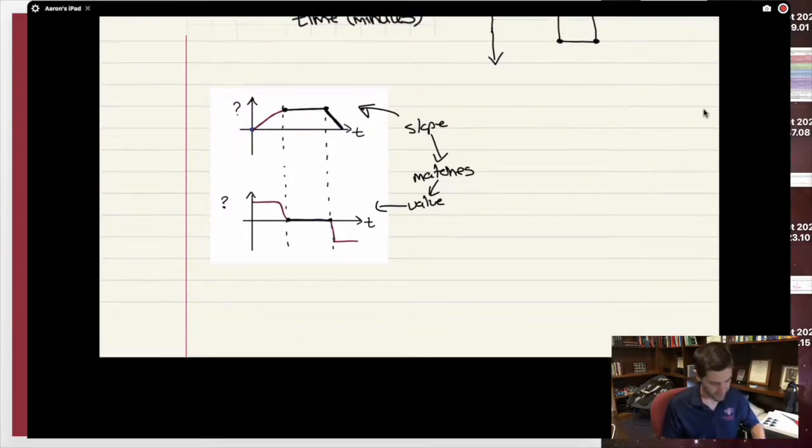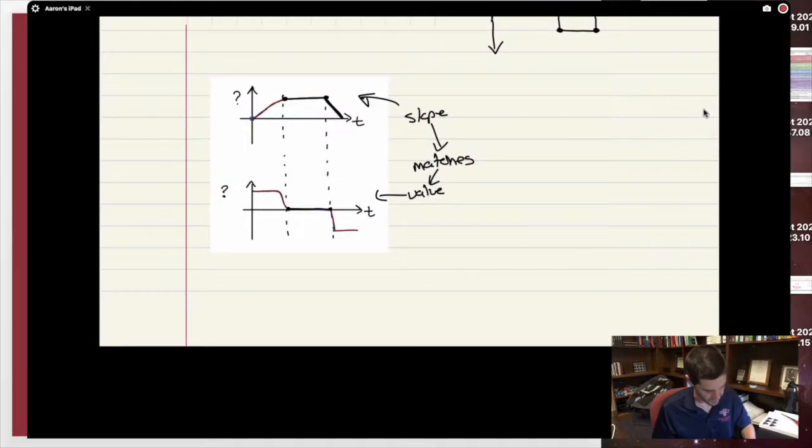And then if I look at the bottom curve, I notice that it has a value that is fairly constant. Its value on the y-axis is not considerably changing. So again, that jives with the idea that this is position and this is velocity. Maybe just average velocity.